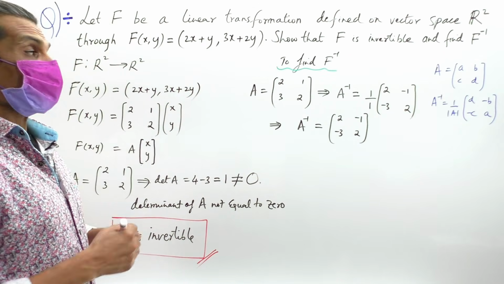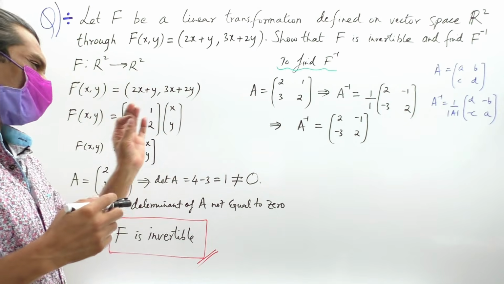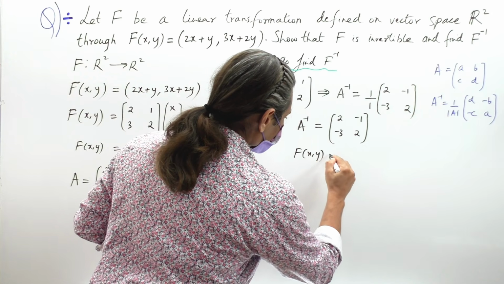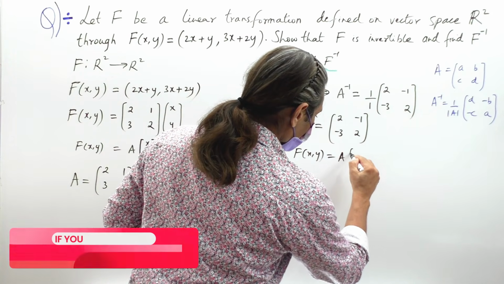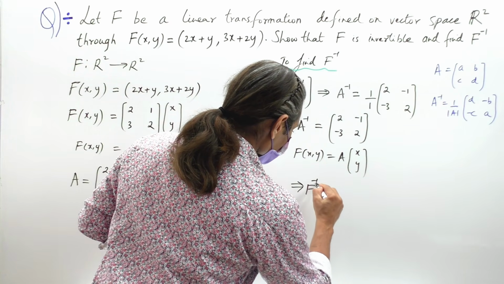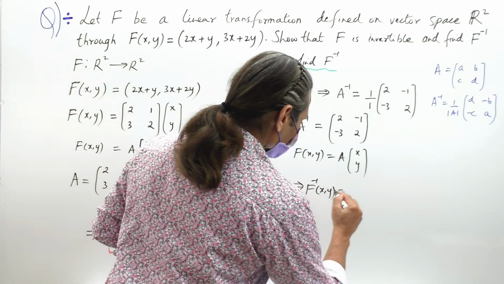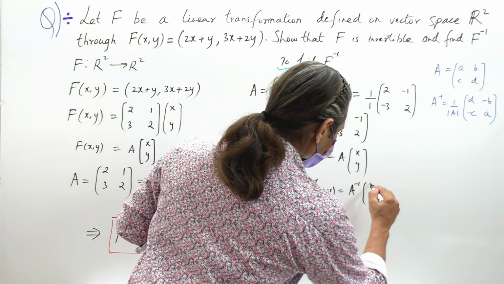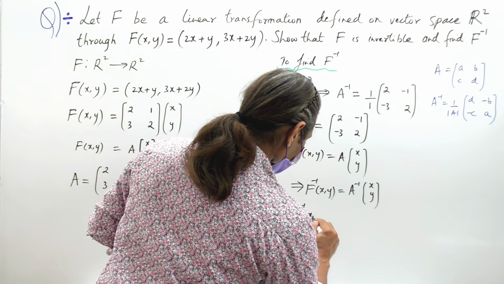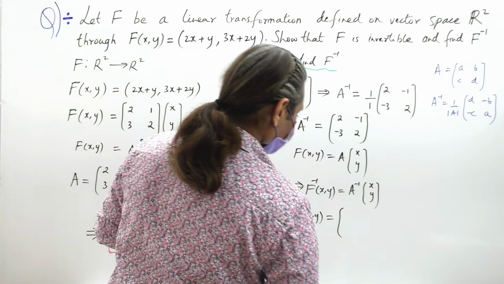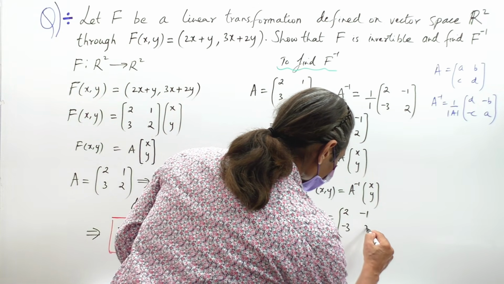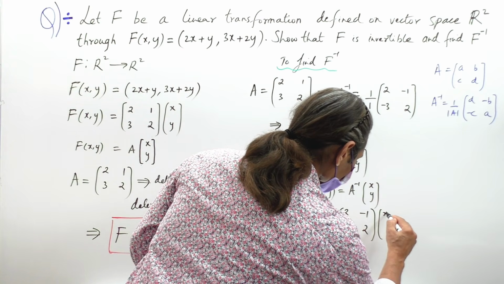After finding A inverse, how do you use this to find the F inverse here? See, very simple. We have F of (x, y) is equal to A times (x, y). That implies F inverse of (x, y) will be equal to A inverse times (x, y). That is F inverse of (x, y) equals, what is the inverse you have found? [2, minus 1; minus 3, 2] into (x, y).